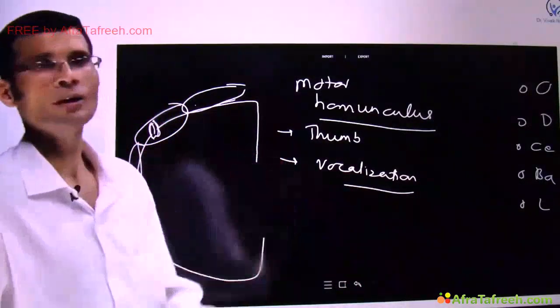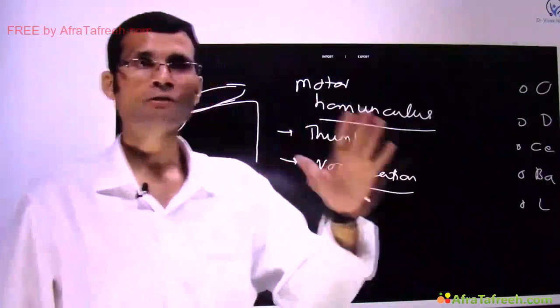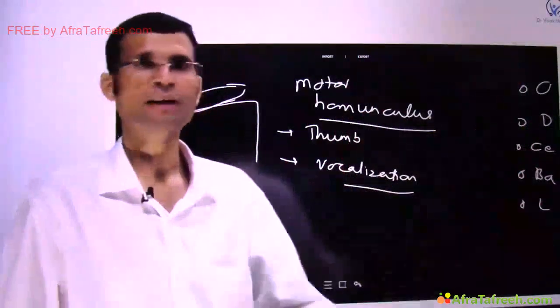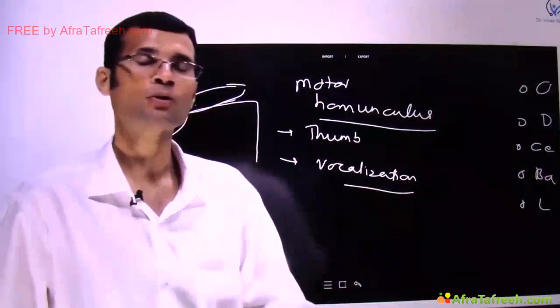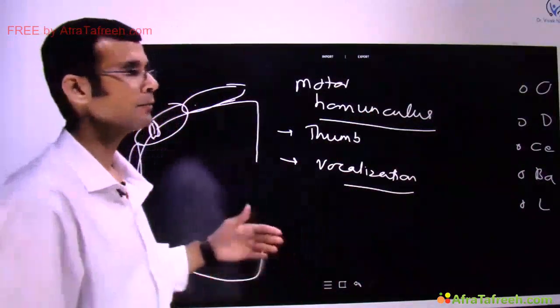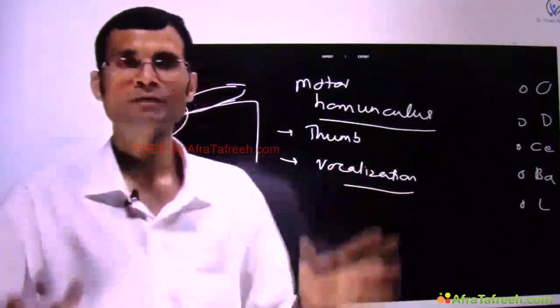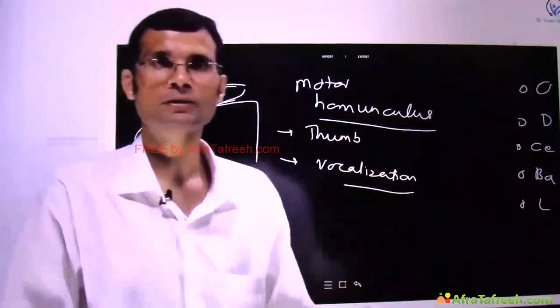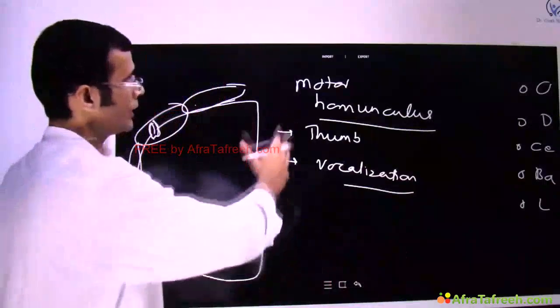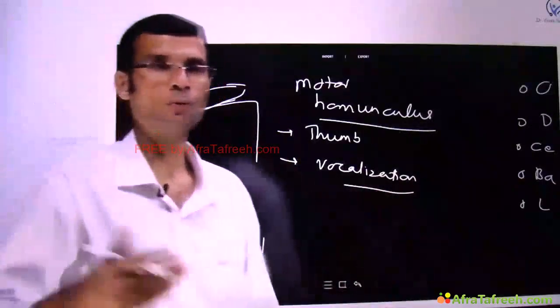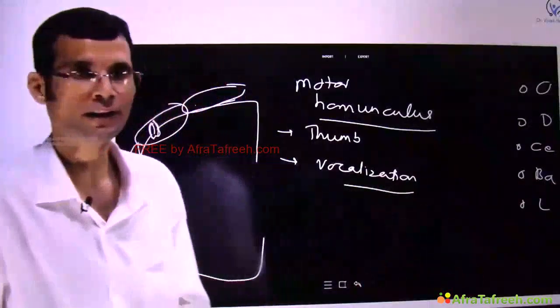Let me just mention one point. If you see the face in the sensory homunculus and if you see the face in the motor homunculus, these mappings were originally done by Penfield and Rasmussen, and they were named as sensory homunculus, motor homunculus, the maps of body areas.